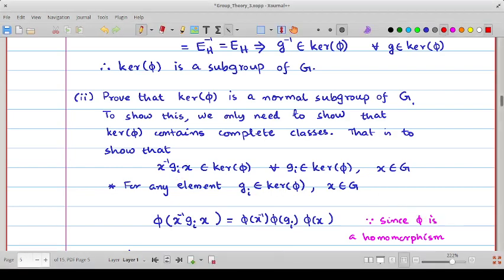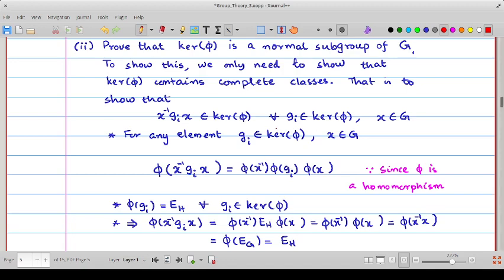And we need to show that x inverse Gi x should be an element of the kernel of phi for any x in G. So then it would mean that all elements of the conjugacy class of Gi are present in the kernel of phi.